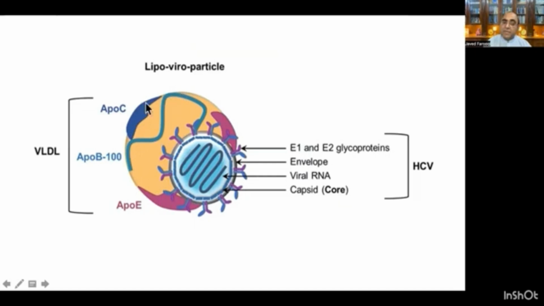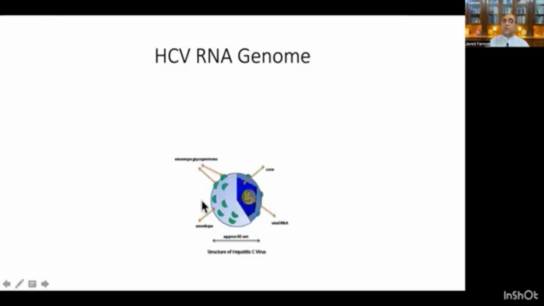This is a big particle resembling the VLDL and LDL, and embedded in it is the HCV virion, with its envelope, the projecting glycoproteins, the nucleocapsid, and the HCV RNA. So the concept is that the HCV virion is embedded in VLDL-like particles and is circulating in the blood. Now let's come to the HCV RNA genome.